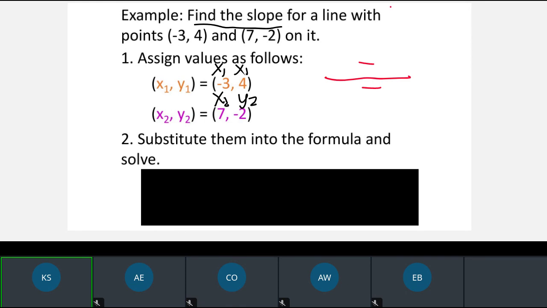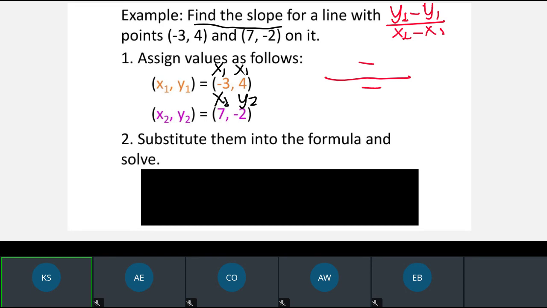Okay, I can write the formula up here. So it's y2 minus y1 divided by x2 minus x1. We want to go ahead and include those fraction signs because sometimes when we have a negative number we're plugging in, we forget that we still have to have that fraction sign in our formula.